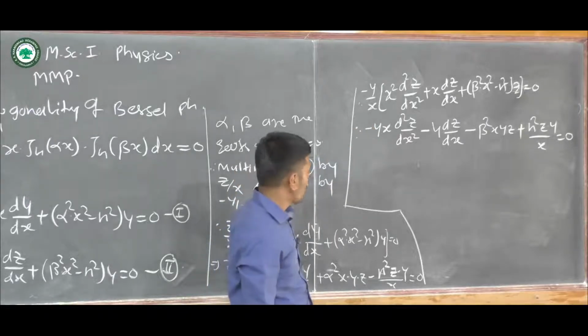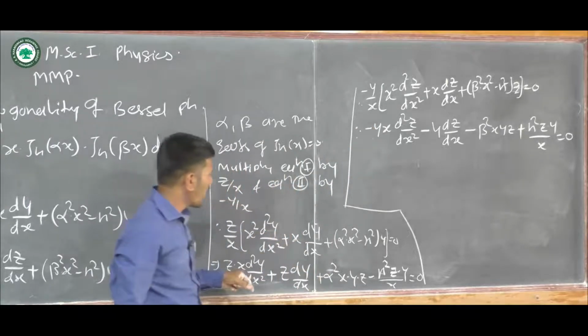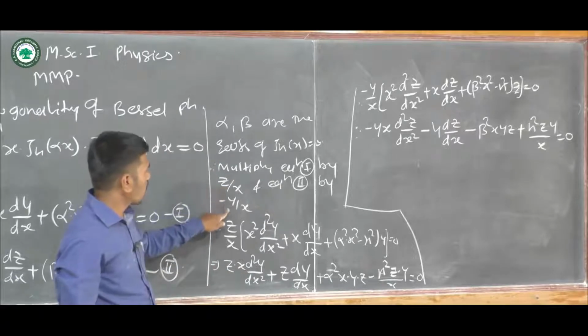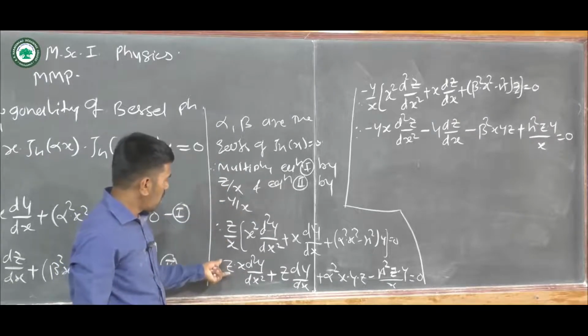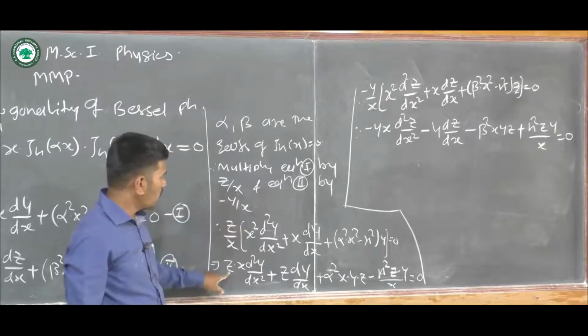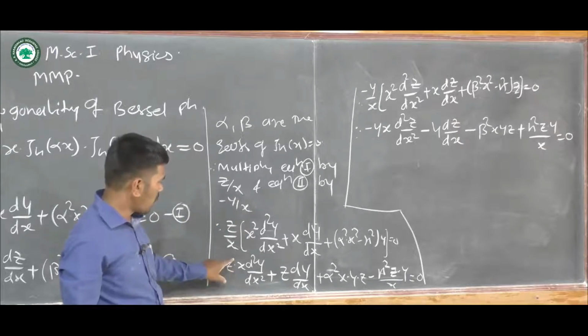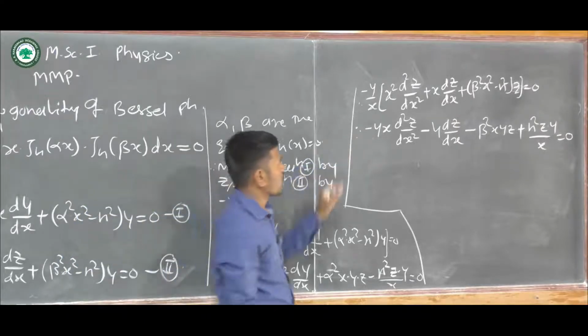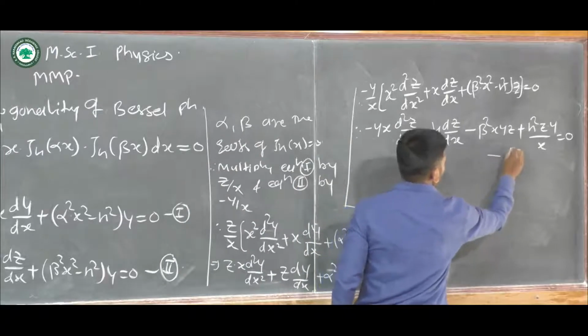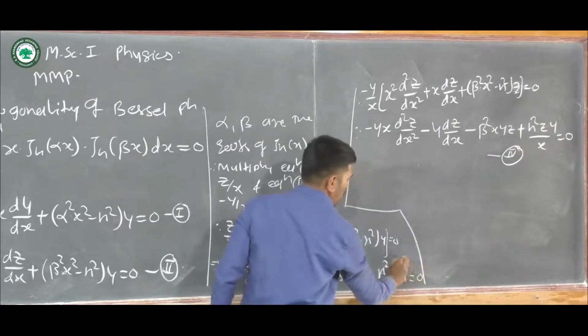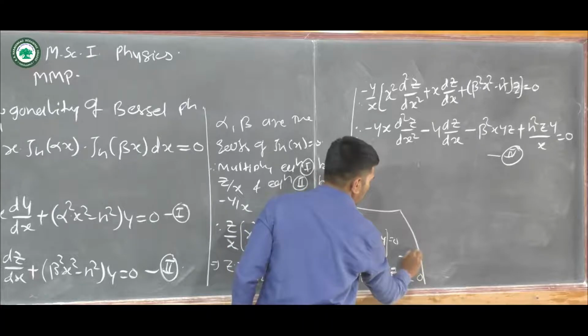After multiplying with z by x and minus y by x, we add these two expressions. Suppose this is equation number 4 and this is equation number 3.